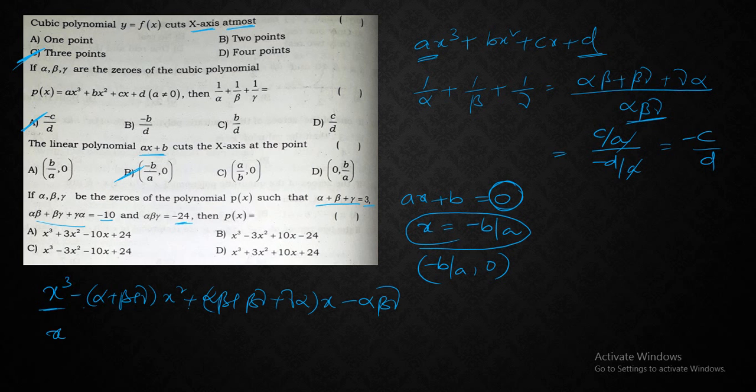Now, on substituting the values, x cube minus 3x square, since alpha plus beta plus gamma is 3. Alpha beta plus beta gamma plus gamma alpha is minus 10, so this becomes minus 10x. Next, alpha beta gamma is minus 24, so minus of minus 24 gives me plus 24. So x cube minus 3x square minus 10x plus 24. So option C is my answer.